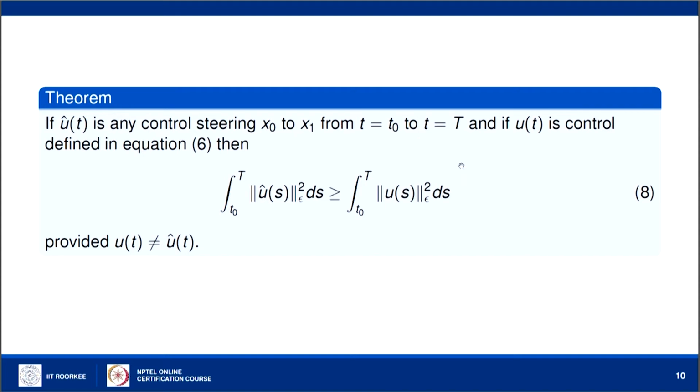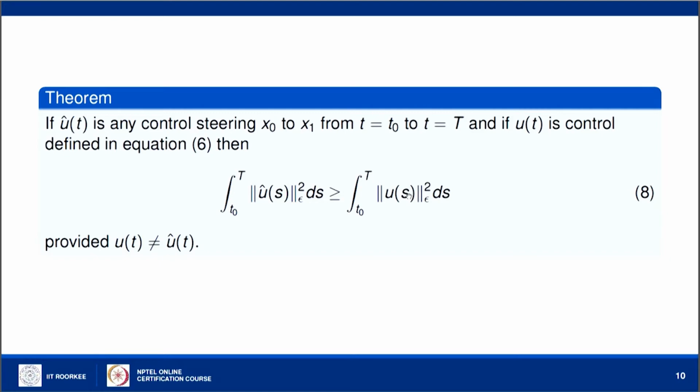In any control system, the energy of the control is very important. The minimization of the expenditure, or the minimization of the energy, is very important. So, we can say that this represents the energy spent by the control, and it is the lowest one out of all possible controls which steer the system from x0 to x1. This can be proved by the following steps.